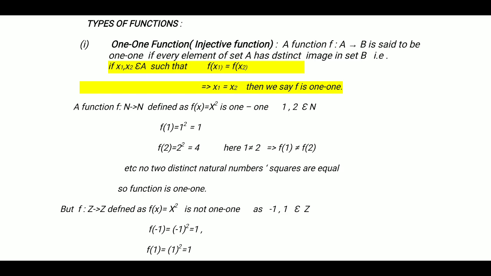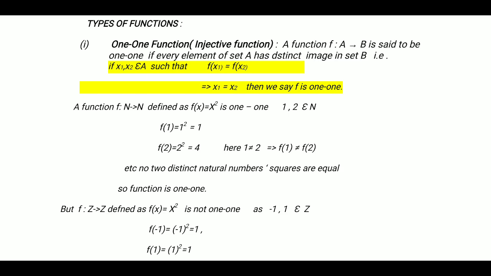How? We take any two elements 1 and 2 of set N, because it is defined from N to N. Here the element will be taken from the first N. So f(1) will be equal to how much? f(x) is x square, so f(1) is 1 square, that is 1, and similarly f(2) will be 2 square, that is 4.